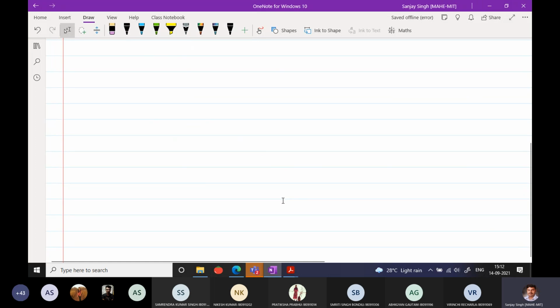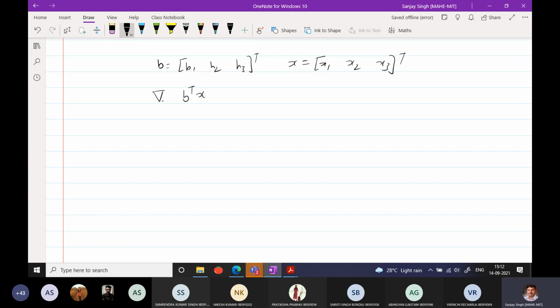Whenever this is a linear equation, where b is b1, b2, b3 transpose, and x is x1, x2, x3, whatever it may be, and I have written b^T x, and it is required to find the differentiation with respect to x.